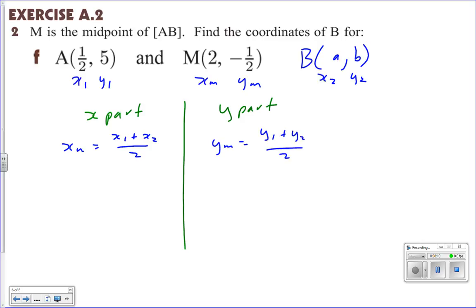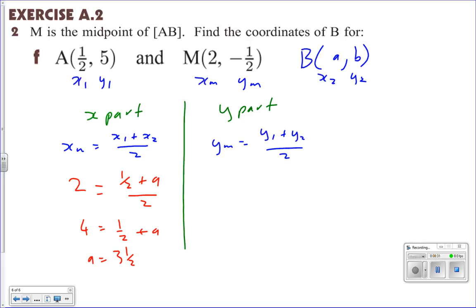Finding out the x part first, so 2 equals (a half plus a) over 2. So it's going to be 4 equals a half plus a, so a equals 3.5. Here, writing the mixed numbers not as big an issue.